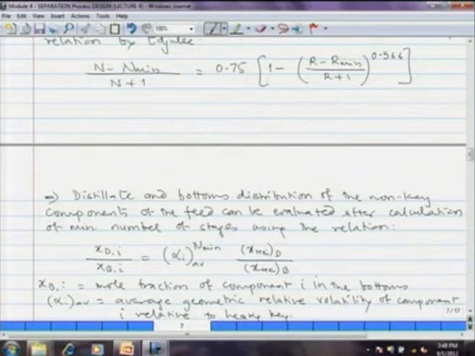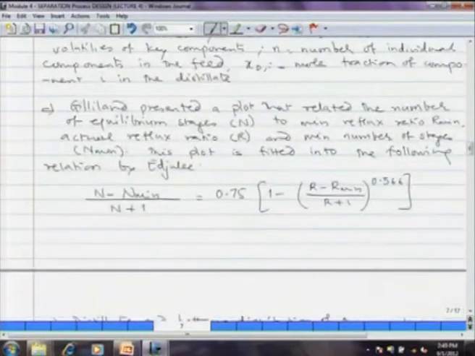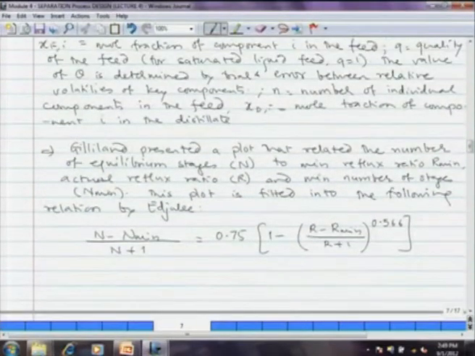So, the simple relation is x_Di divided by x_Bi is equal to alpha_i average raised to N minimum into x_HK in the distillate over x_HK in the bottom. That is a very simple relation between the composition of a component in distillate and composition of the same component in the bottoms.